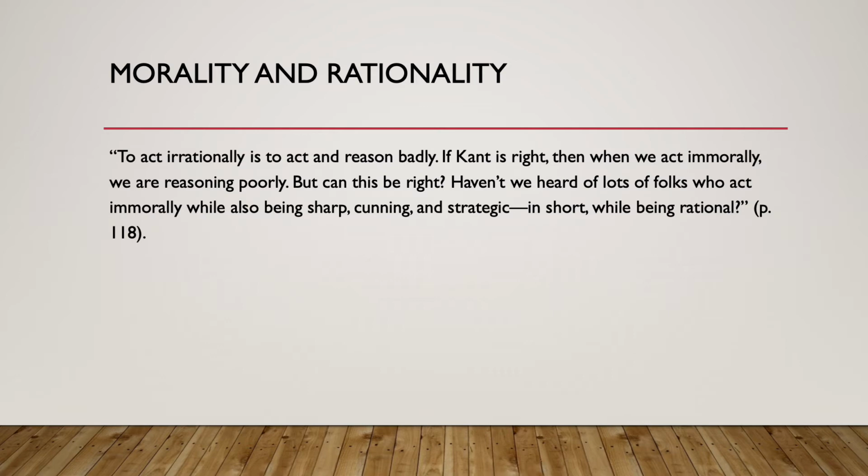That intelligent person very carefully thinks about how they're going to do this immoral action so as to do everything possible to avoid being caught or detected so that they can get exactly what they want. Well, is that person really being irrational?